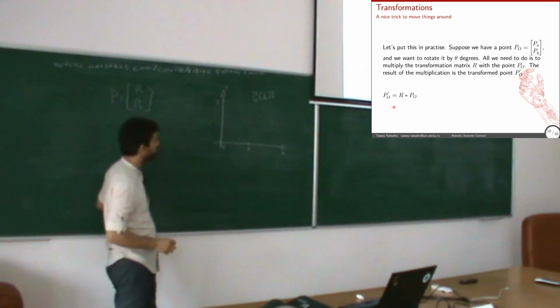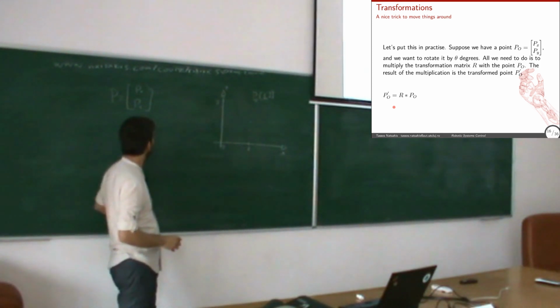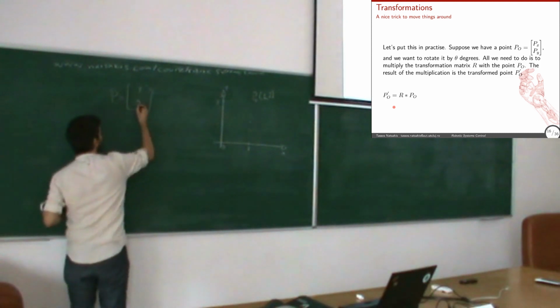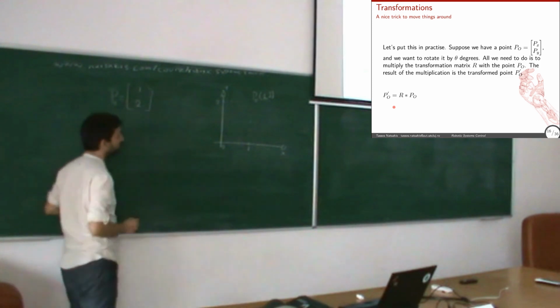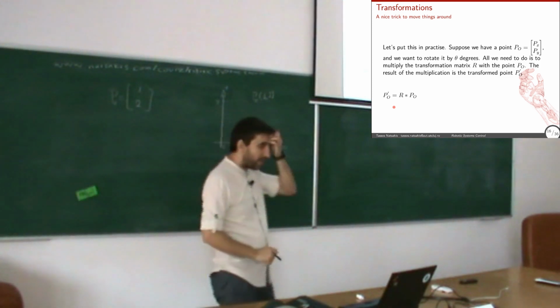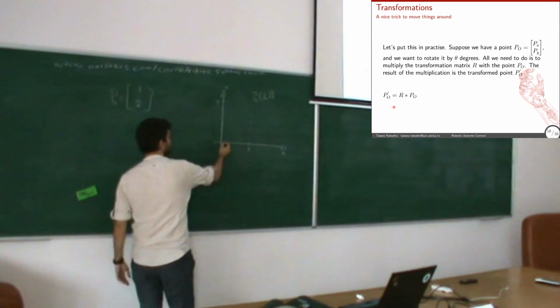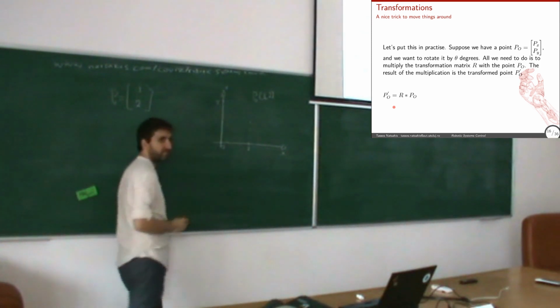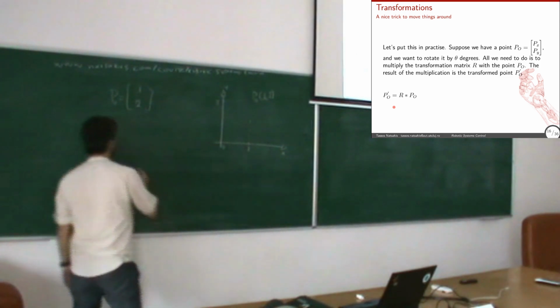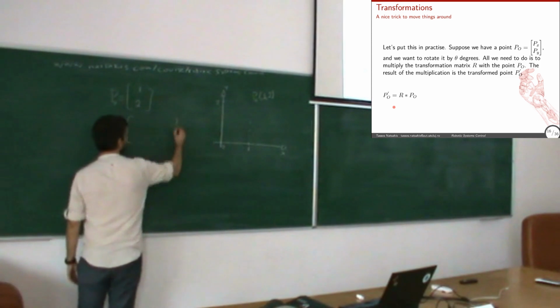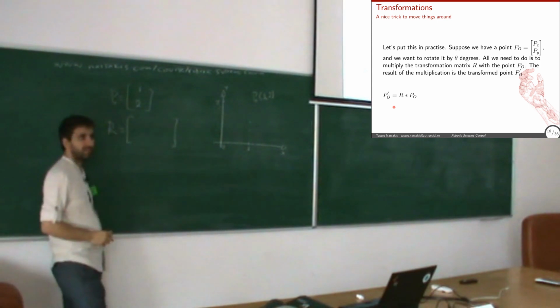Okay? So how do I write this point? Point 1 and 2, in frame 0. And let's say I want to rotate it by 90 degrees around this axis. Okay? Do you remember how I defined the transformation matrix R? Don't remember?